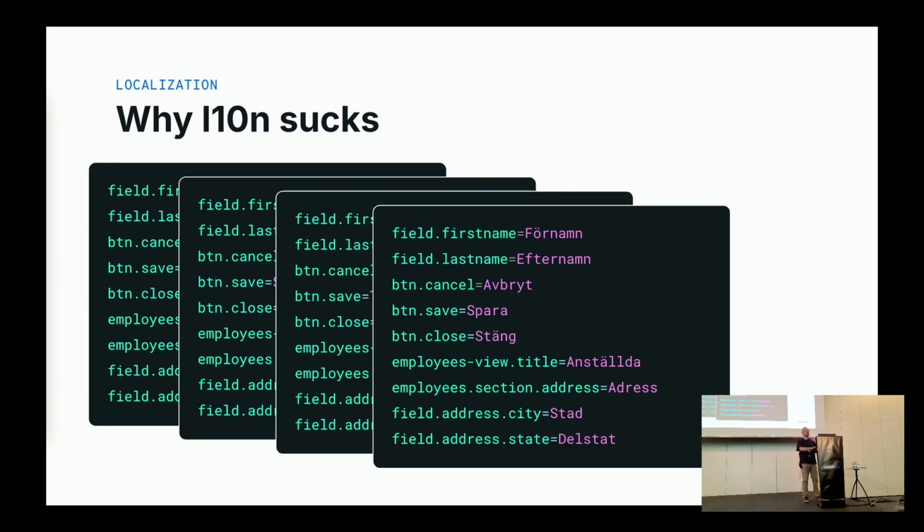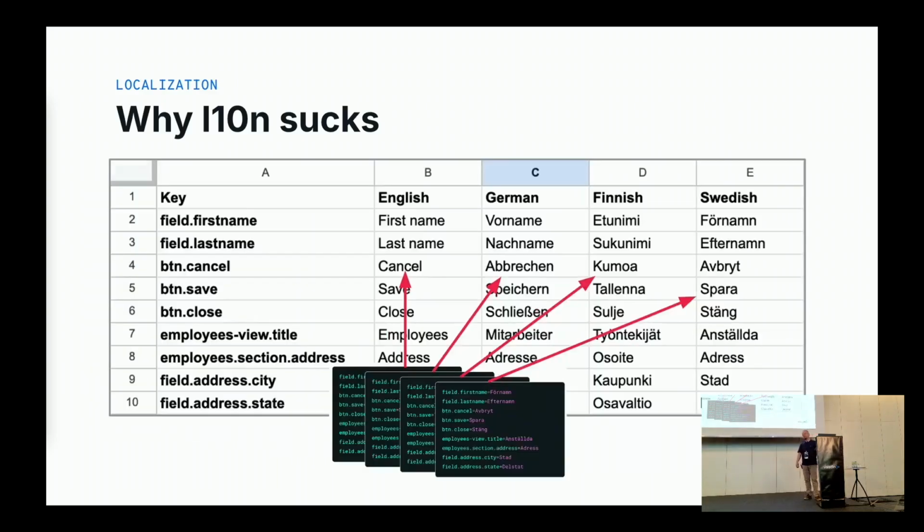So I know what a lot of companies do is that they copy the contents of these files into a spreadsheet, and then the translators work there, because then at least you can keep track of which translations are present and which are not. And then, of course, you have to copy the edits back into your property files, which is kind of an awkward workflow.